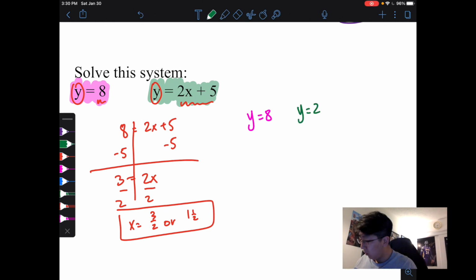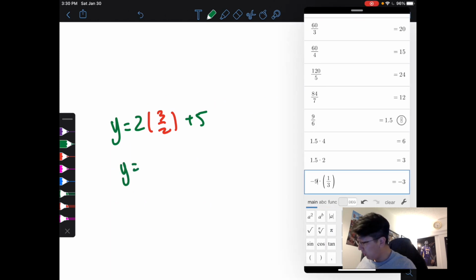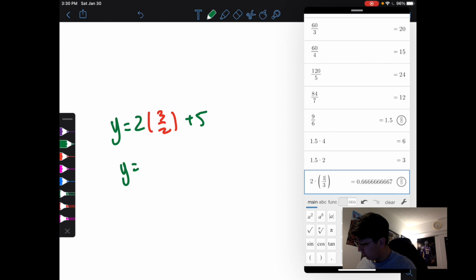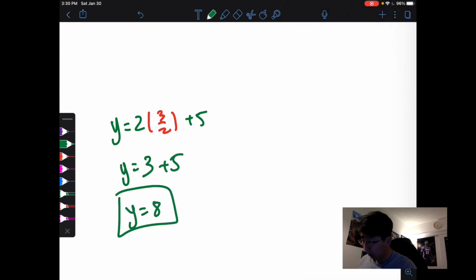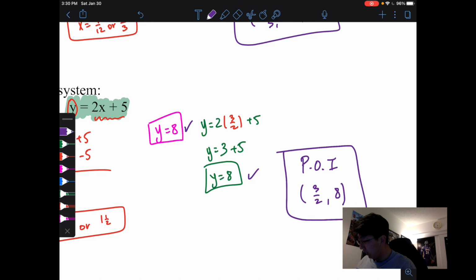Green: y equals 2 times 3 over 2 plus 5. y equals 2 times 3 over 2 is 3, plus 5. y equals 8. Good job. Saying good job to myself, but it works. So we have a POI: when x is 3 over 2 and y is 8.